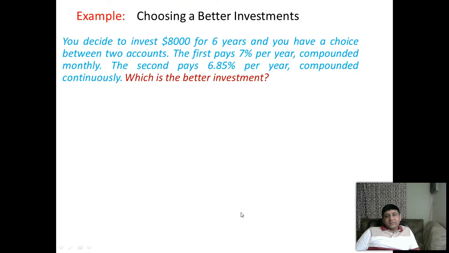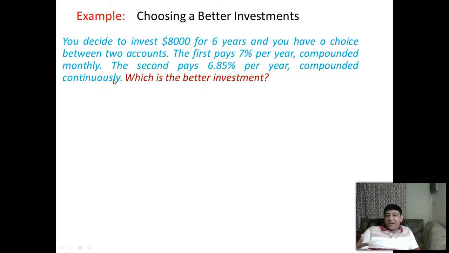Now let's look at an example here. Suppose you decide to invest $8,000 for 6 years, and you have a choice between two accounts. The first one pays 7% per year compounded monthly, and the second pays 6.85% per year compounded continuously.